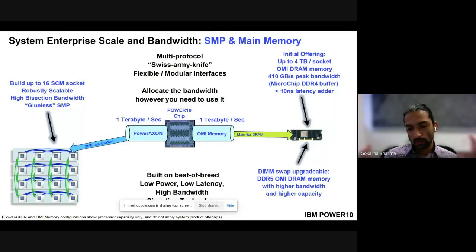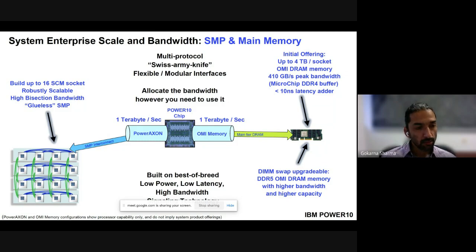Bisection means you divide into half, or exactly half in certain situations, and then you count the number of edges that cross these 2 parts. If that number is high, then there is high bisection bandwidth, and what it tells us is that from one side there are many different communication links to communicate to the nodes on the other side.